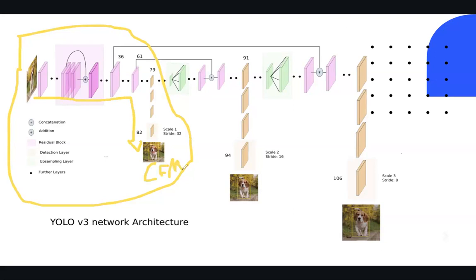Convolutional feature map. Can somebody tell me how can you do the classification on a convolutional feature map from the RPN? Remind me of RPN. What does it do? Once you have the actual CNN convolutional feature map, how can you do the classification and do the object detection?